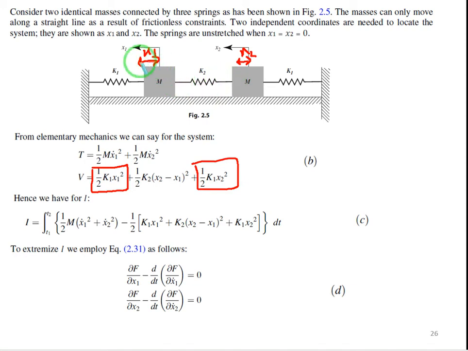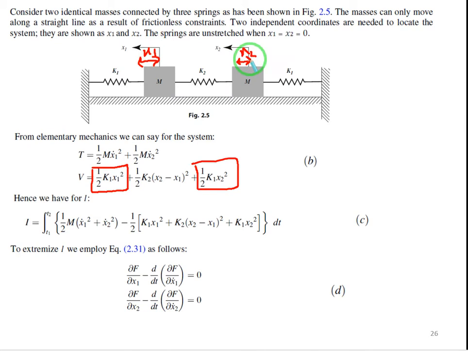If x1 and x2 are equal to each other, we can easily say that there is no length change in the middle spring. If x1 is greater than x2, the middle spring is stretched by the value of x1 minus x2.